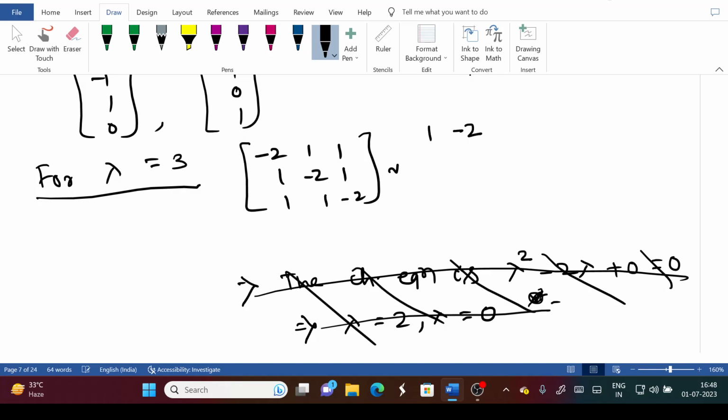Let us write down systematically. What operation will we do?